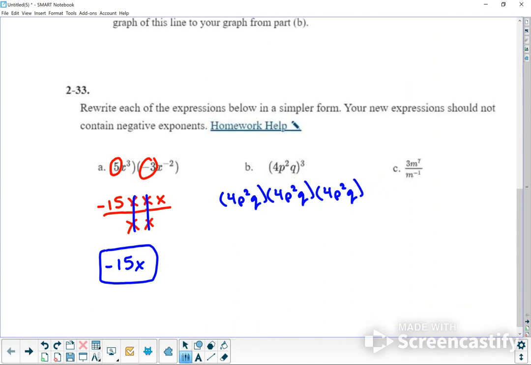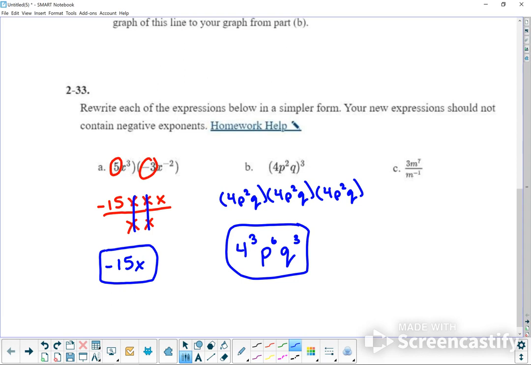So what do I have? I have 4 times 4 times 4, or 4 to the third power. P squared times P squared times P squared is P to the 6th, so it'll be P to the 6th power. And the Q, there are 3 of them, so it'll be Q to the 3rd power.